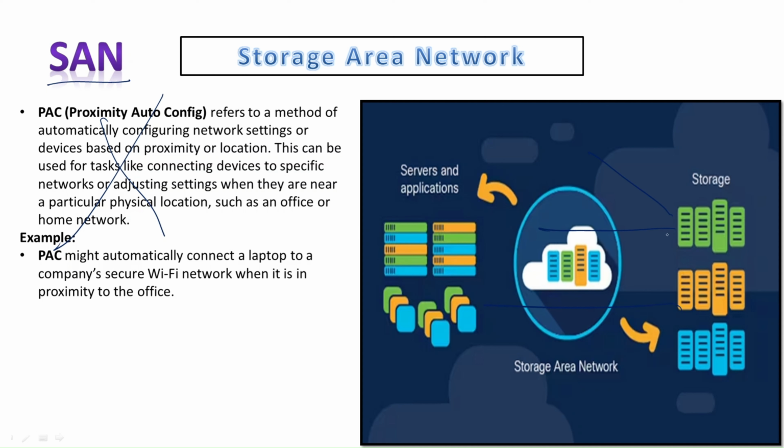This network consists of a high-speed network such as a fiber network having speeds of 8, 16 or 32 GB. So this high-speed fiber network that connects storage centrally to the server and application is known as SAN, or storage area network.